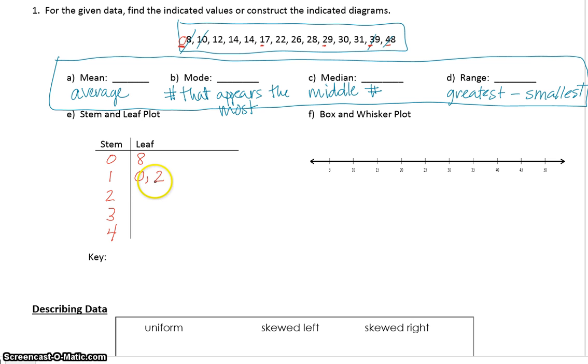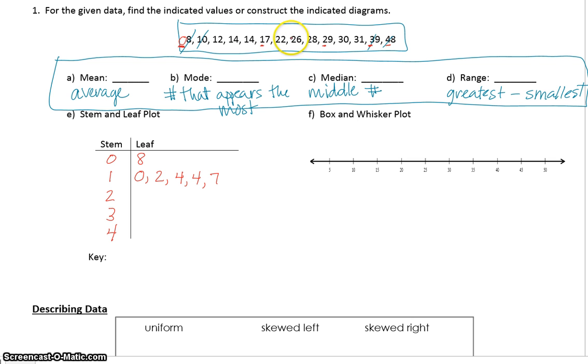So notice, I'm just going to put the leaves here, but we know that 1, 0 is 10, 1, 2 is 12. I'm going to put a 4 there for the 14, another 4 there for the 14, and a 7 there for the 17. Then I move on to the 20s, and notice I'm going in sequential order.